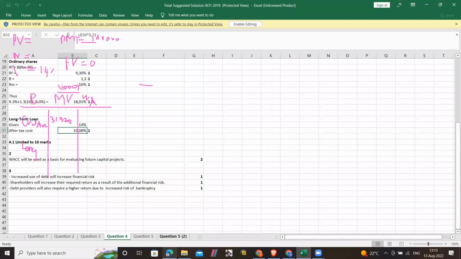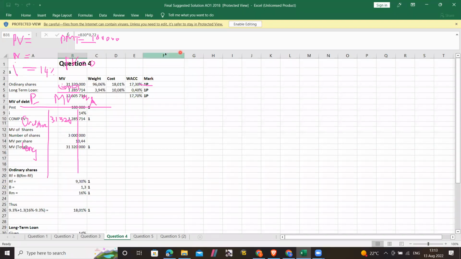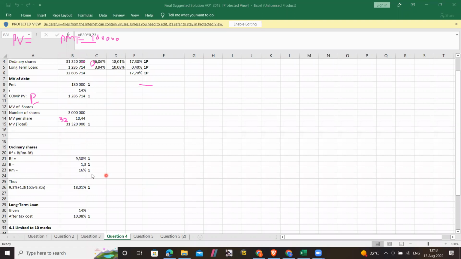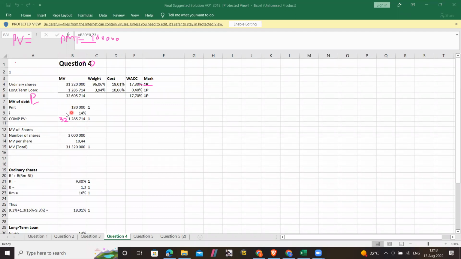Let me just remove all of this. Okay. So we have enough information to get our present value, right? Do you see? We have I, we have 14. Now you can compute the PV, right? You can calculate the PV. So here's the PV, right?